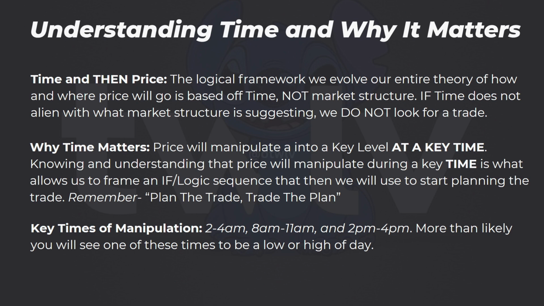And then 8, 9, and 10 will usually be the high or low of day. And then 2 to 4 is market power hour, market close, when larger traders and institutions are offloading positions. So it could rally or it could just go sideways.